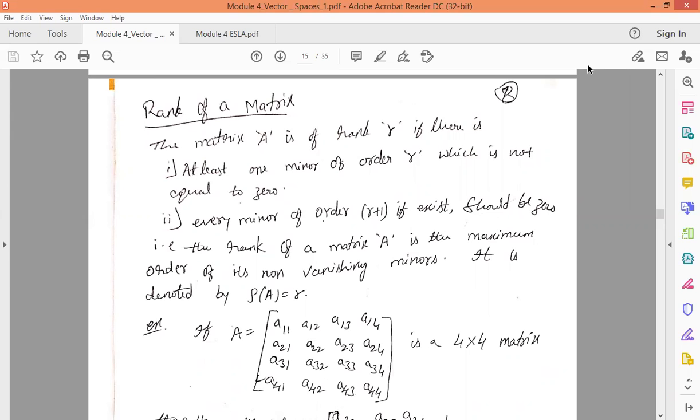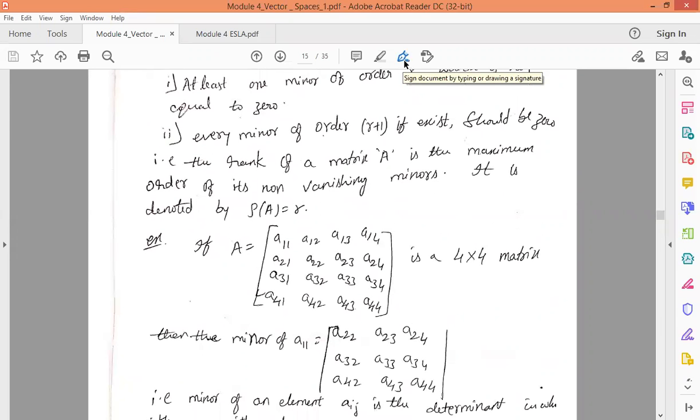In that case, we can consider the order of that minor as the rank of the matrix. Also, every minor of order R plus 1, if it exists, should be 0. That is the rank of a matrix A. It should be the maximum order of its non-vanishing minors. The rank of a matrix is denoted as rho of A equal to R.